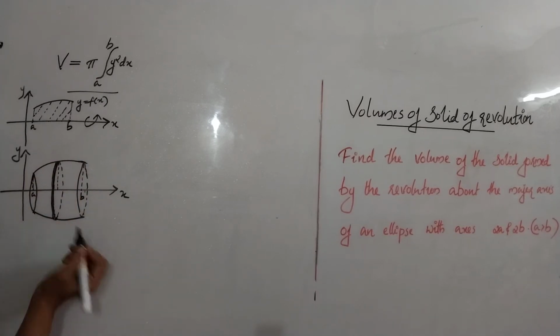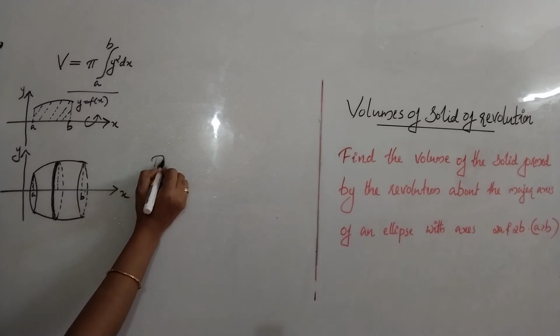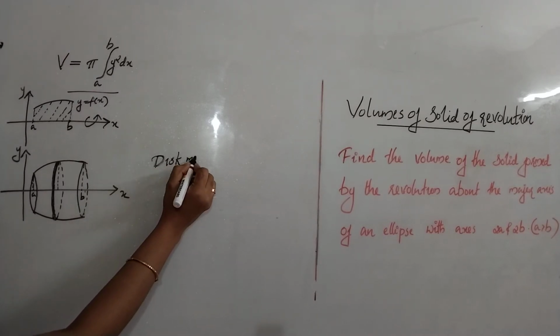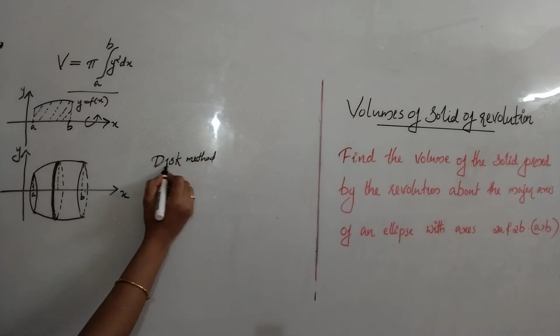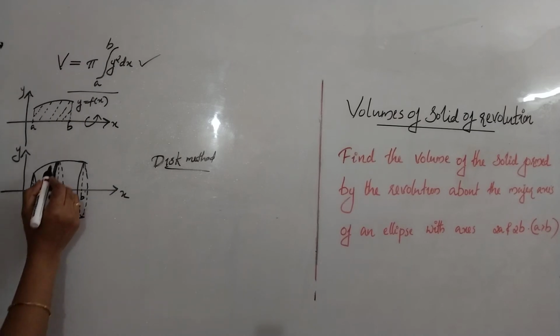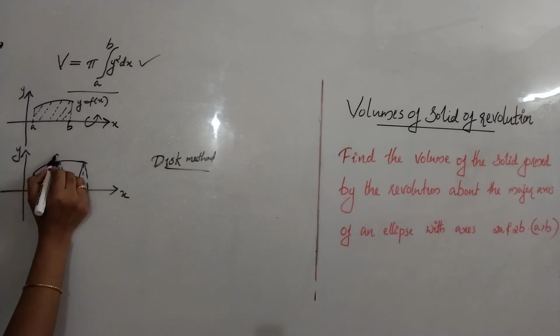Here we are using the disc method to find the volume. Now what is the volume of this disc? dV.